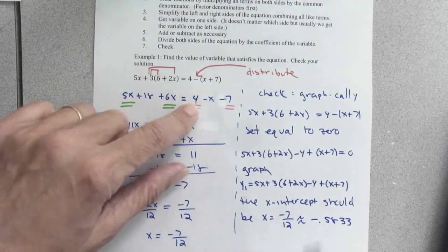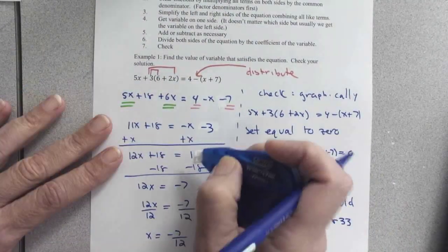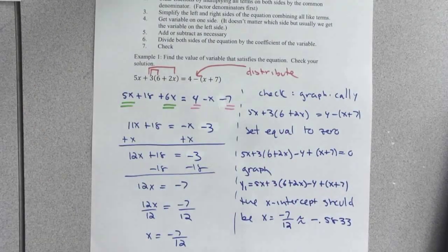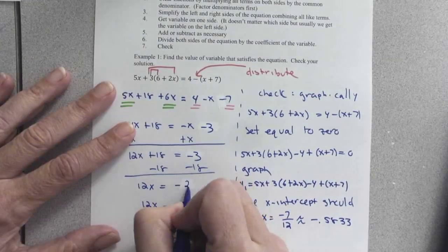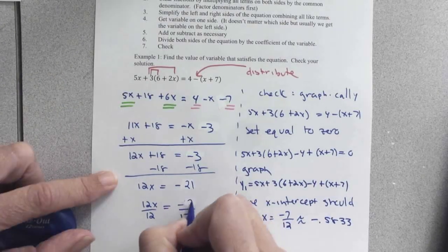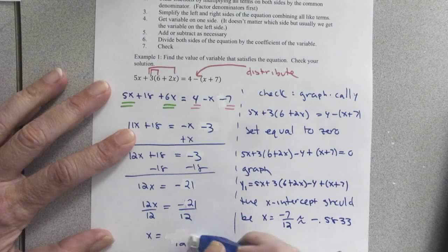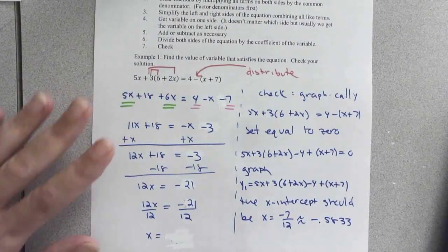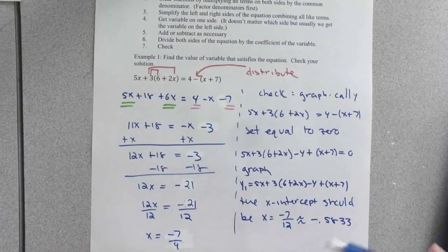And then this, 4 minus 7 will be negative 3. Then this will be negative 3. This will be negative 21. And so I get negative 21/12, which I can simplify, divide both of those by 3, negative 7/4.